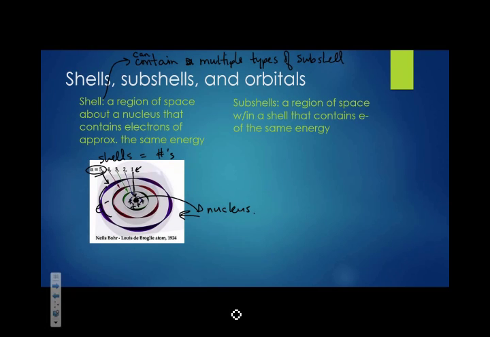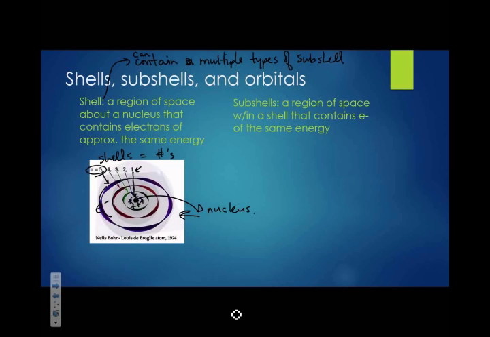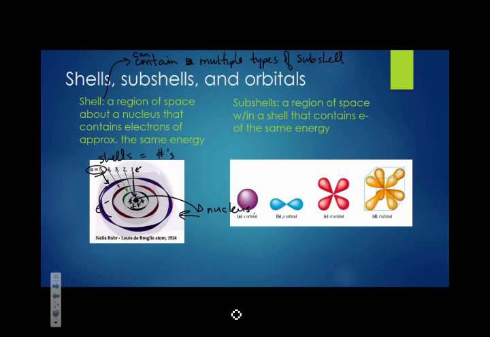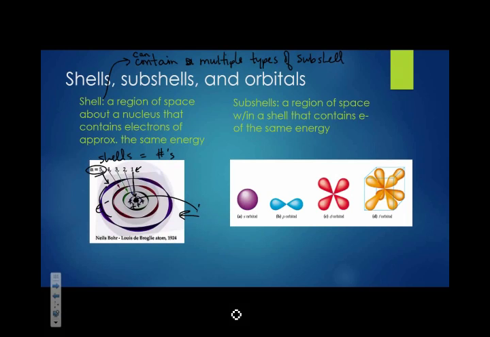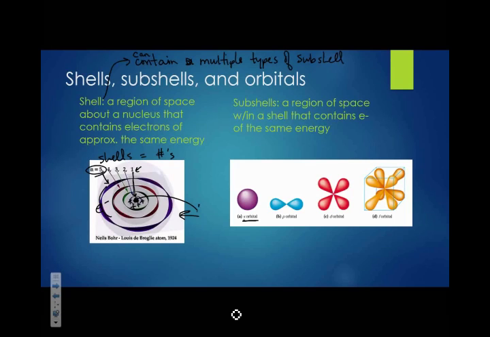Subshells can contain multiple amounts of orbitals, and we'll talk about that here in a minute. But let's look at a picture of what subshells generally look like. So there's 4 types that we'll discuss in this class. There is the S subshell, and in this picture they've labeled them as orbitals because the subshell is sort of the shape, and then the orbital is the specific thing that we're talking about.